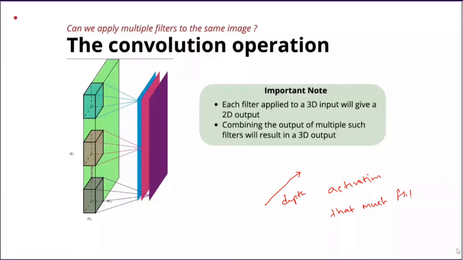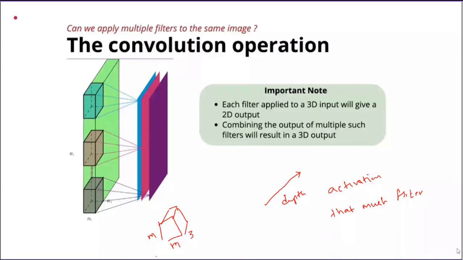For example, suppose my input image is of size M, and depth is 3. This is my input image.